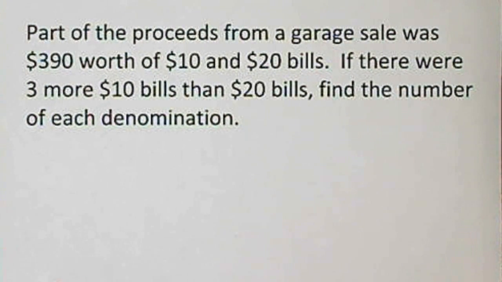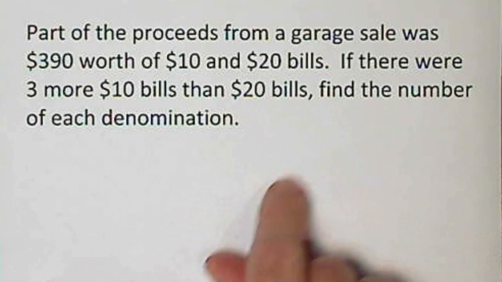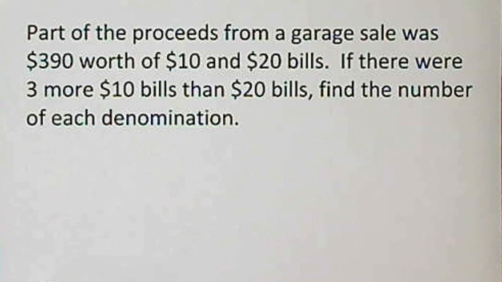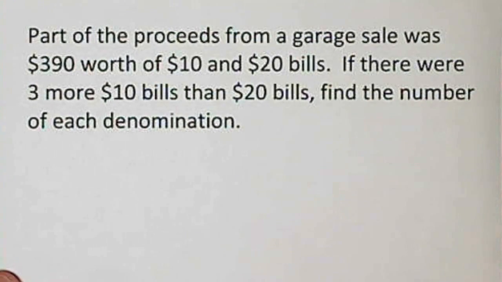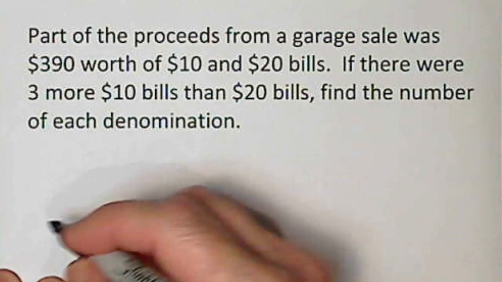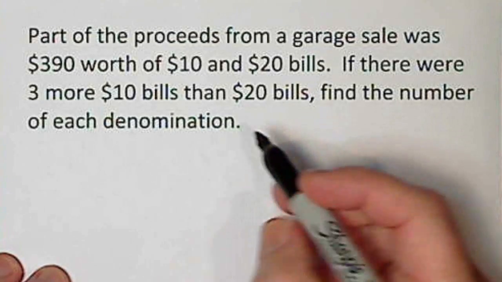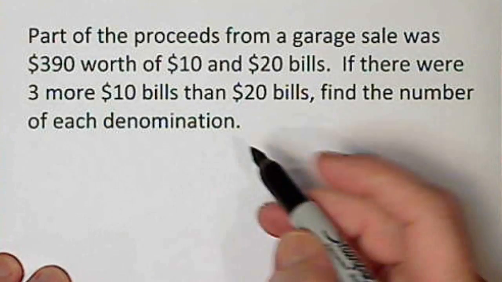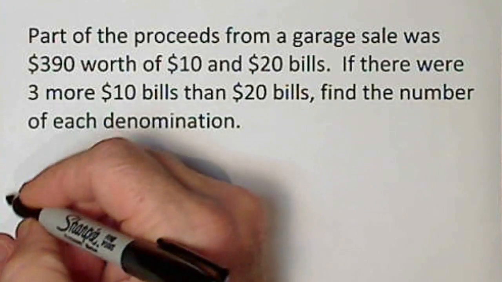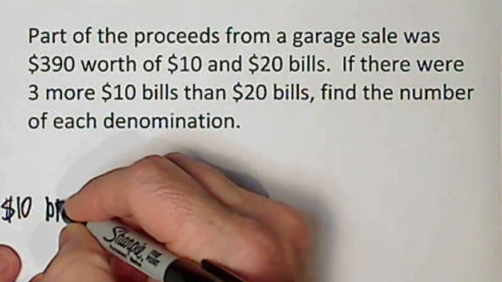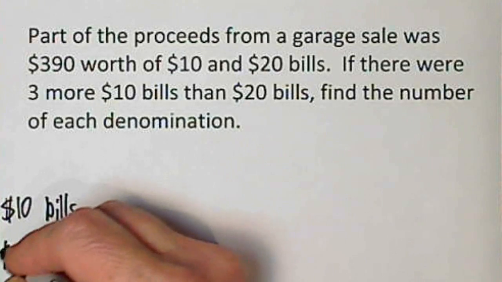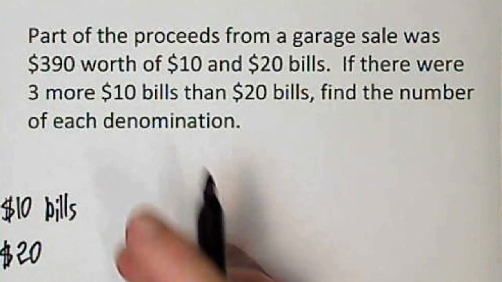Okay, we'll take a look at how many $10 bills and $20 bills showed up in the till. Hopefully you're starting to see the categories form. Sorry about the little bugs here, go away bugs. Alright, so we have $10 bills and $20 bills.